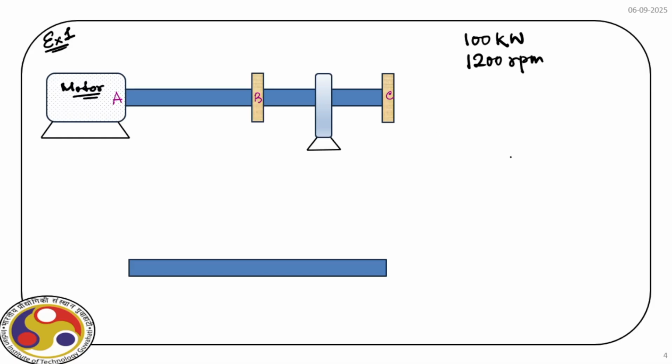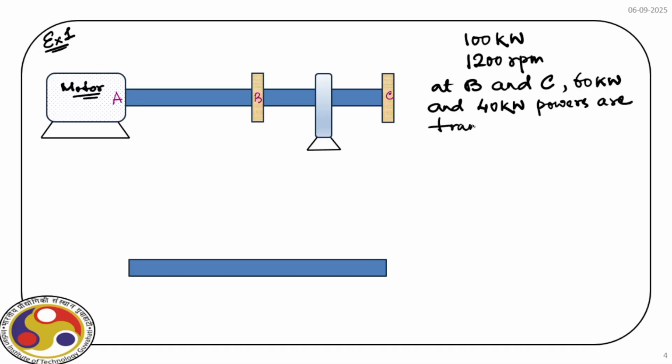So what is given at B and C? 60 kilowatt and 40 kilowatt powers are transmitted. So at these 2 points, at B and C, we have, for example, belt arrangement.